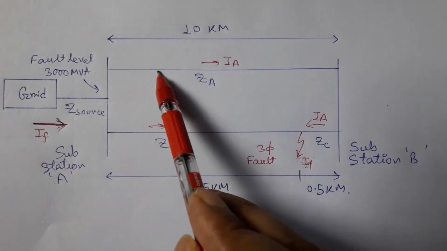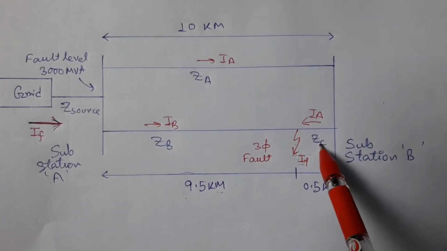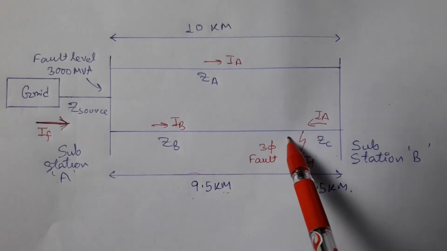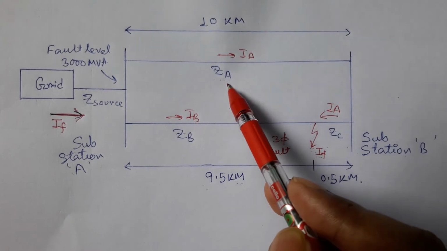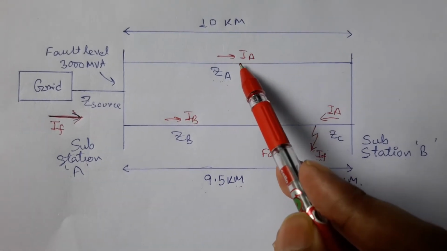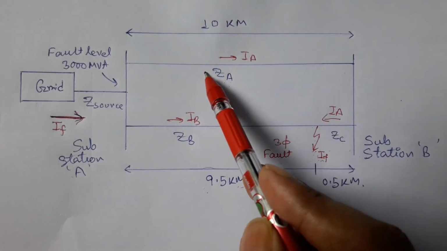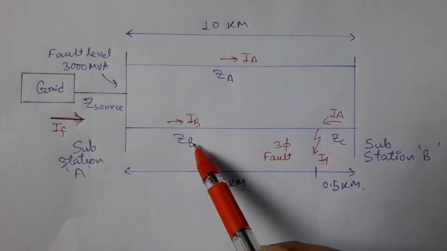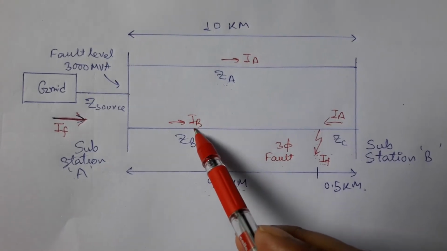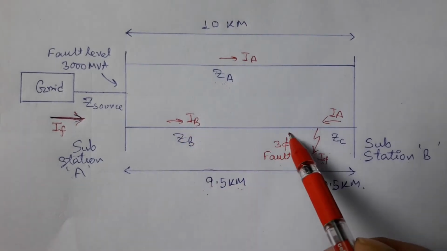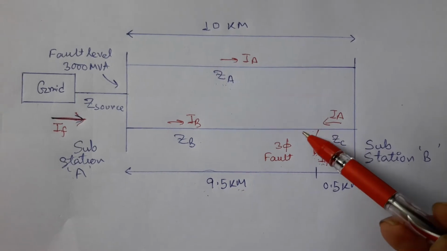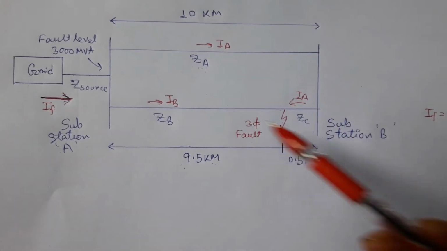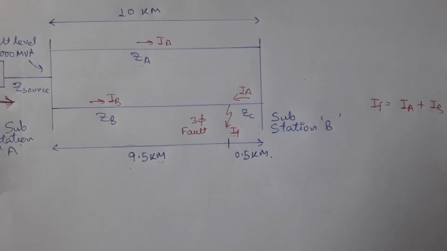So the current through line 1 is IA, and the current through line 2 is IB. ZA is the fault impedance opposing fault current IA through line 1, and ZB is the fault impedance opposing fault current IB through line 2, and total fault current IF is the summation of IA and IB.